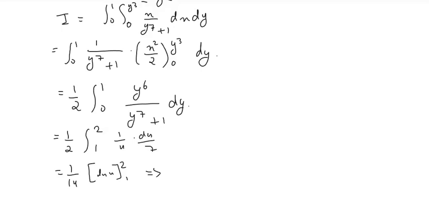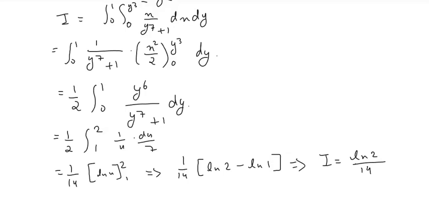Now further solving it, we will get 1 upon 14 ln 2 minus ln 1. So here we will get I is equals to ln 2 upon 14. Here we will get our final answer.